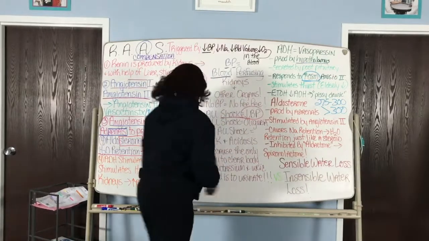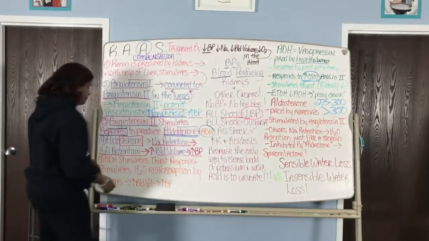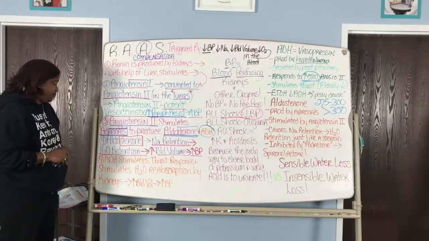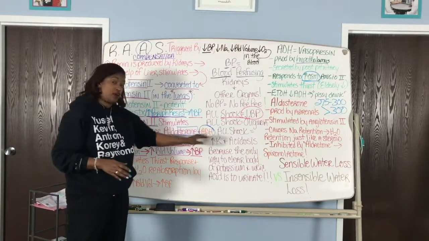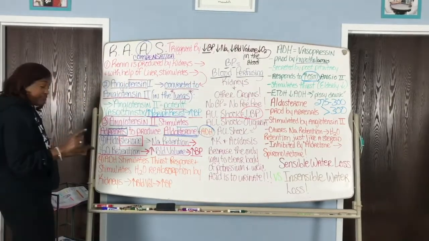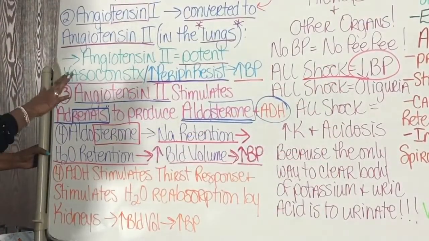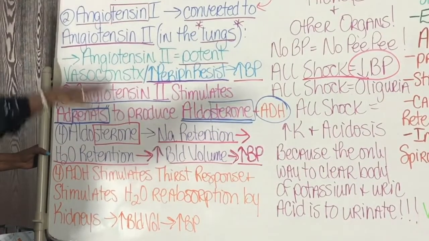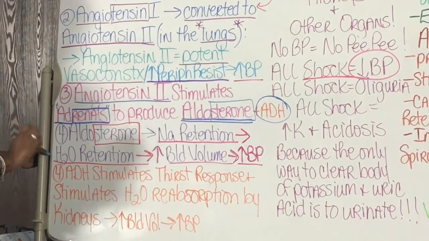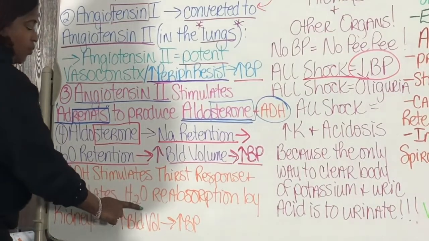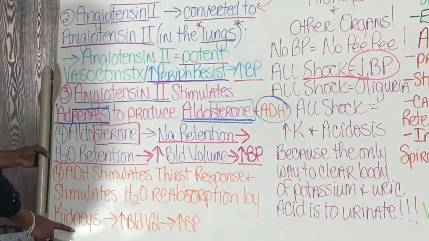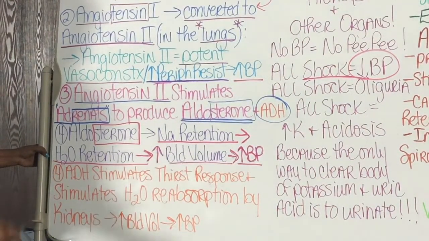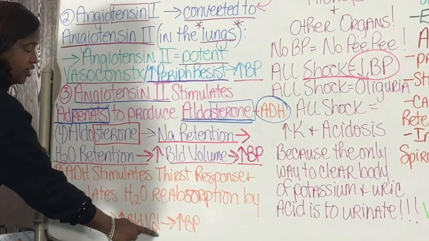Okay, now come on over here. If we go back over here and we remember that this angiotensin 2 also stimulated antidiuretic hormone, we have to remember what that means. It stimulated the thirst response, so hopefully this patient with this awful blood pressure is now drinking more fluids, and it stimulates water reabsorption by the kidneys. If your kidneys are reabsorbing the water, it will increase your blood volume.